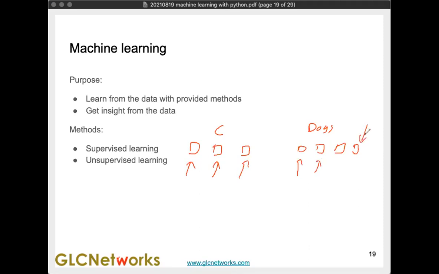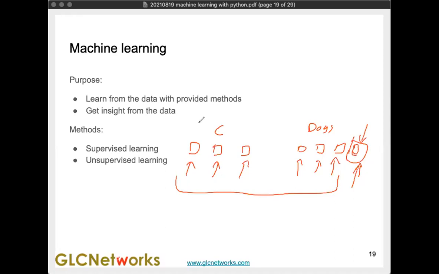And then you leave some out that you don't show to the computer. The data that you give to the computer is called training data, and the data that you use to predict will be the data for testing. And then the computer will predict, okay, this is a dog or a cat.